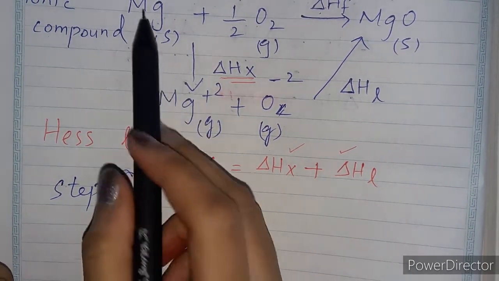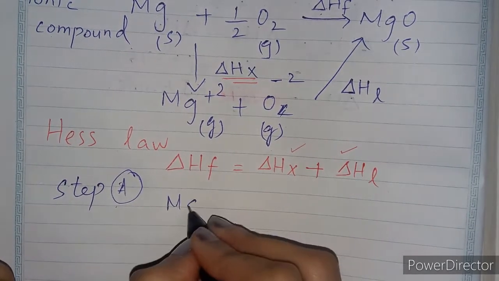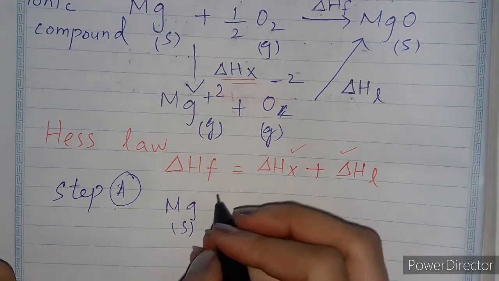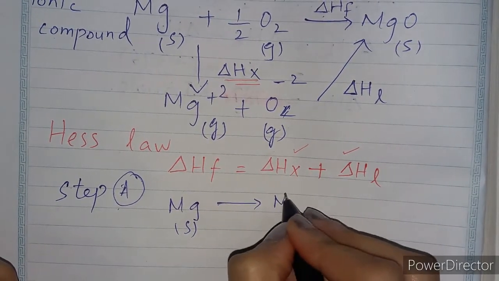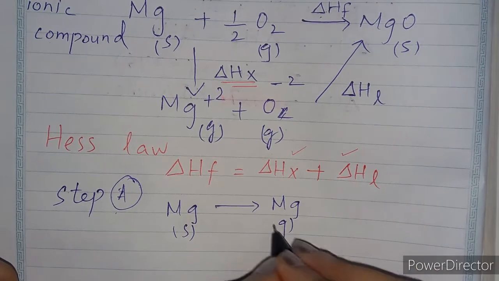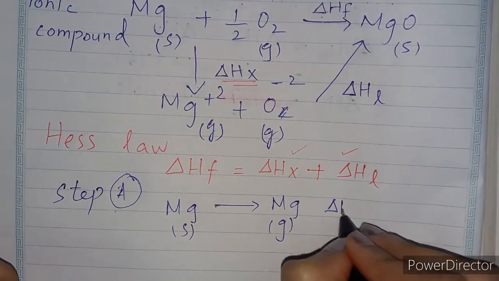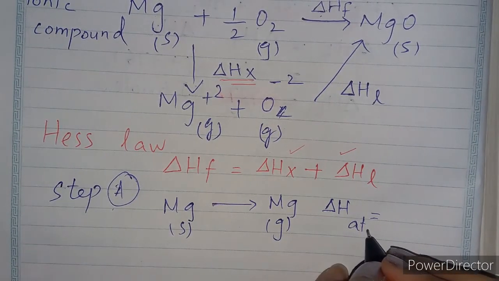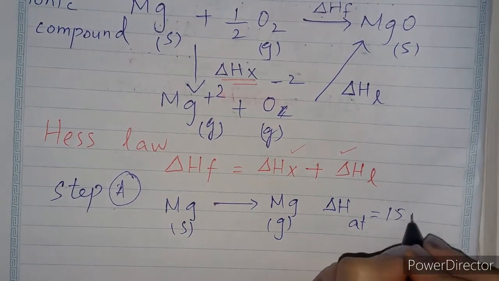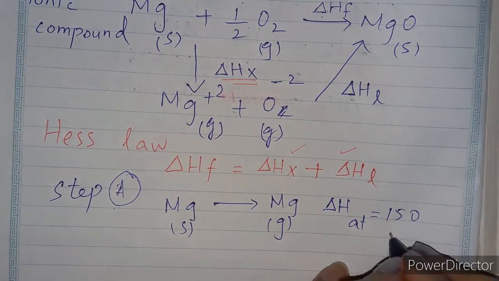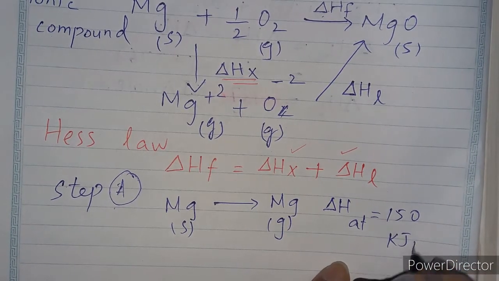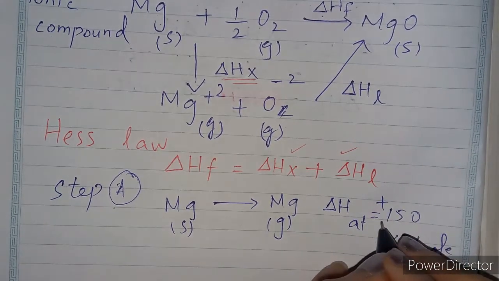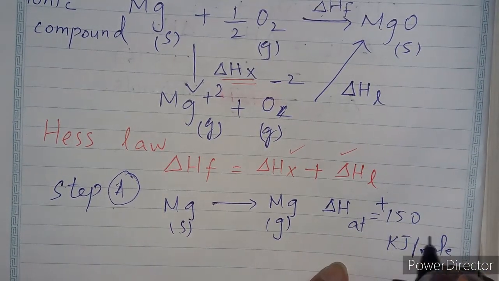First, Mg in the form of solid is converted into gas. Here the enthalpy of atomization is involved, which value is 150 kilojoule per mole, with positive sign, meaning endothermic.